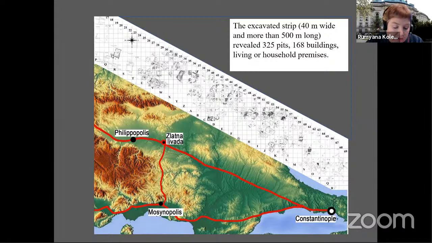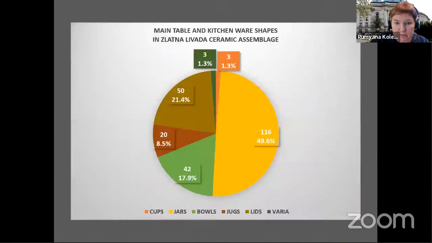The function of vessels is usually determined according to their shape. Can the capacity add information, especially when the shape is similar? Jars are the most common shape and comprise nearly half of the ceramic remains of the settlement. It is within this type of vessels that the largest differences in capacity are observed.